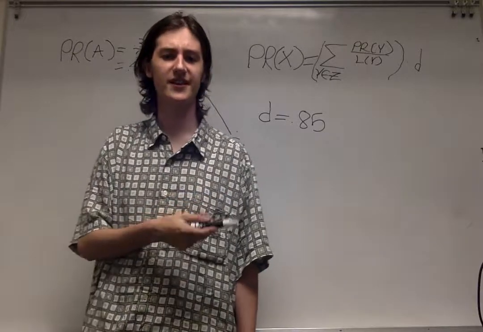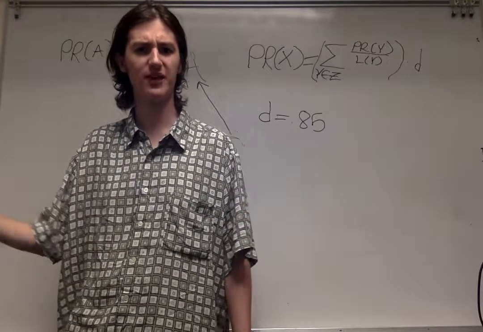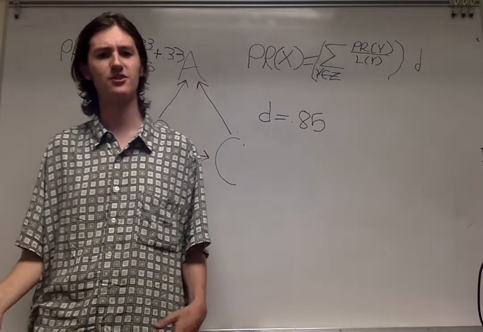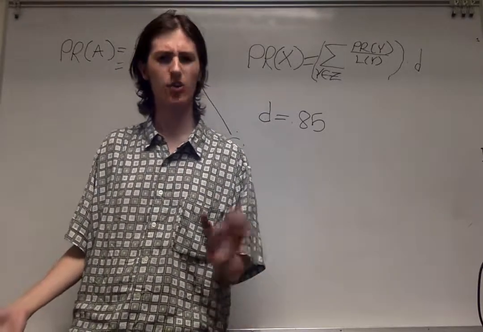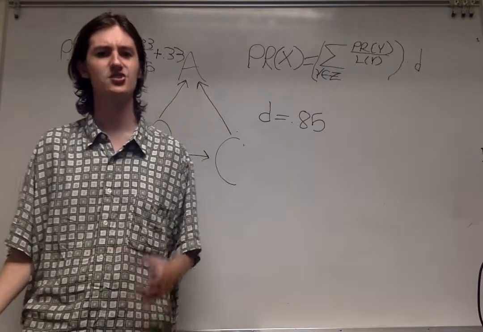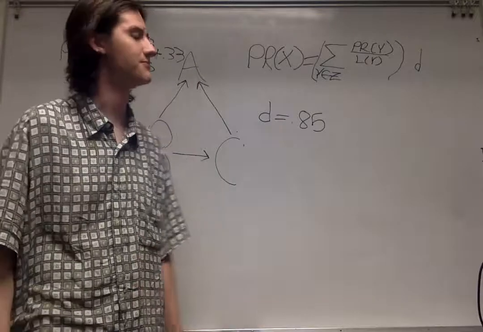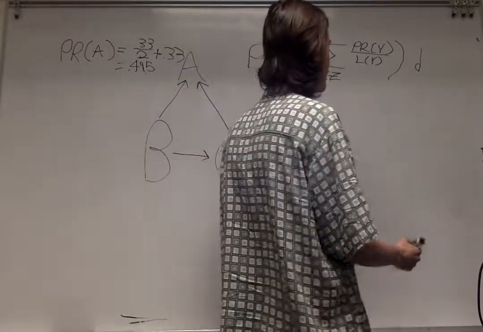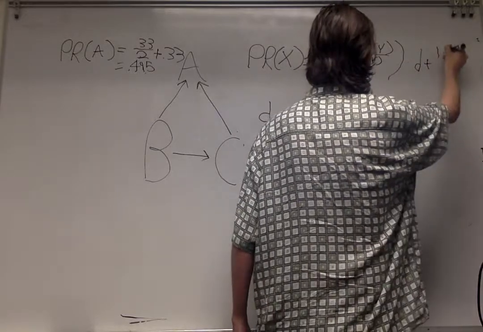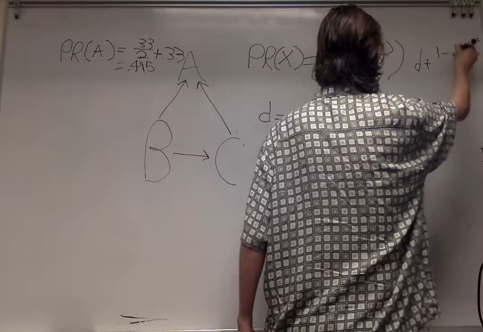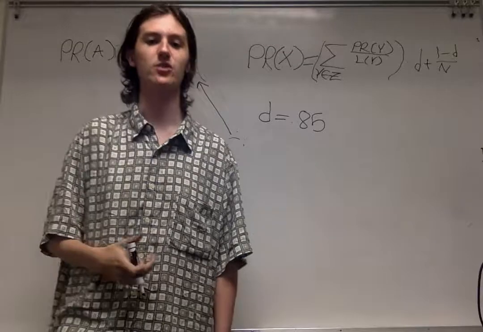Remember when we did that initial thing where we were like, oh yeah, the page rank of A is equal to 1 over N? Well, we're going to add in something similar here, which is the condition in which someone stops. That 0.15, that 15% chance that someone stops is also something we're going to factor into this algorithm. So, for this one, we're just going to add 1 minus D all over the total number of nodes in this network.